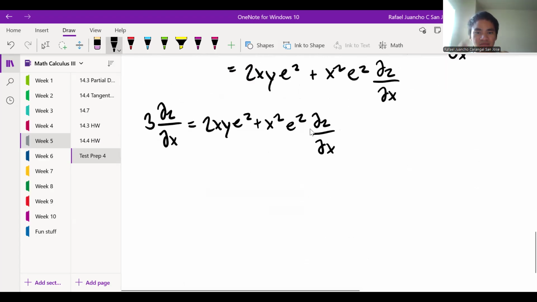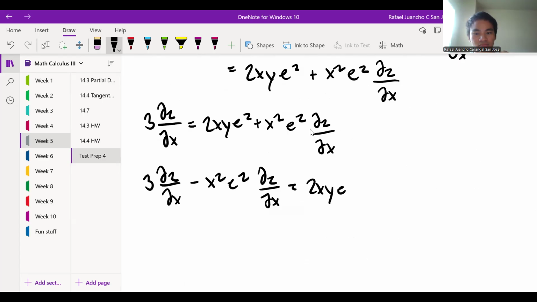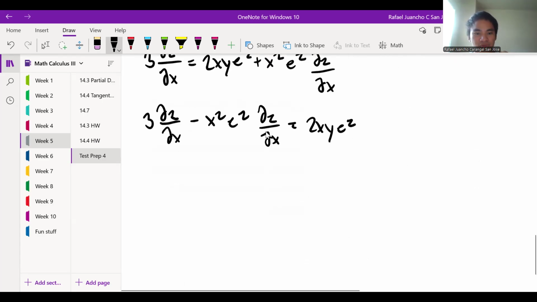And then we want to isolate everything that has these things. Then we want to factor it out.